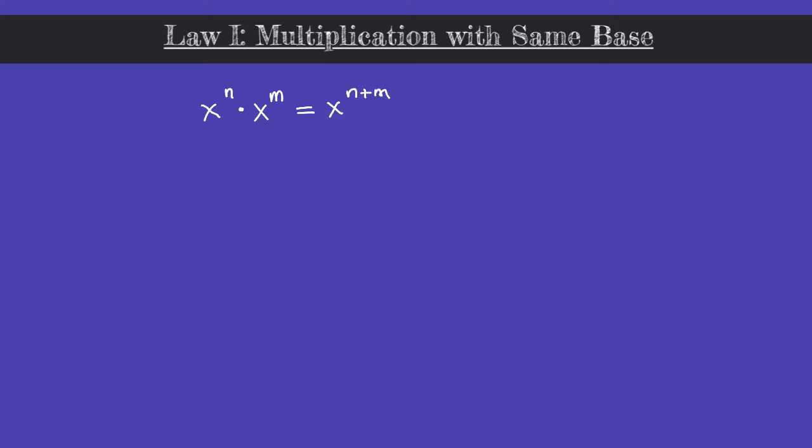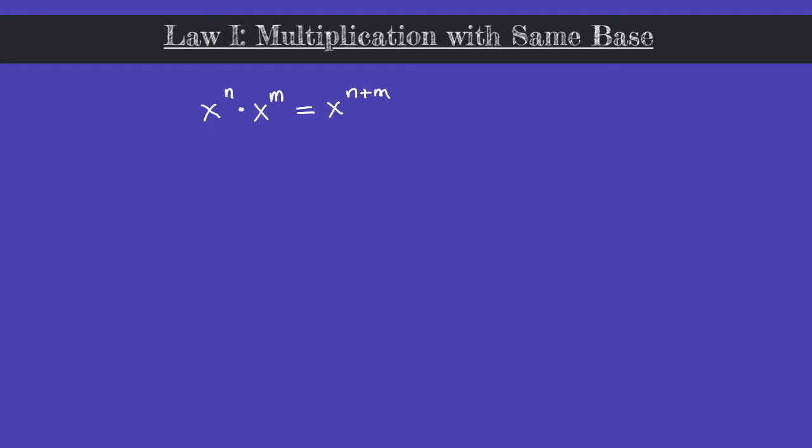That means that if I have the same base raised to a power, it doesn't matter what the power is, and I multiply those two, then it should be the same as if I simply had the same base and I added the powers. I should get the same answer. So in other words, let's first of all use different indices, which is pretty much talking about the n and the m in our expression here.